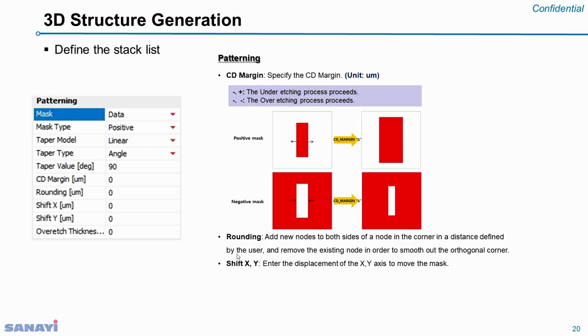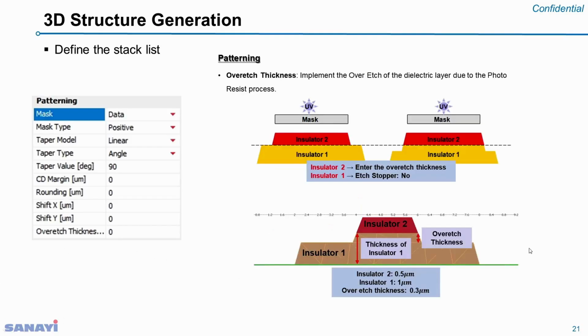And if you input the displacement to move a mask in the shift X and Y, the mask is moved by that distance. Also, generating over-etch structures is possible by using the over-etch thickness option. Let's check an example.